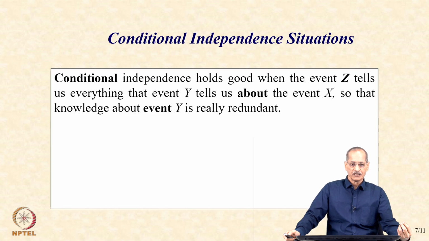So, conditional independence holds good when event z tells us everything about x which y will tell about x, which means whatever y is telling us about x, z is telling all the same thing about x. So, indirectly what we are saying from a physical argument perspective is that event y is really redundant, which means we do not really need y, because whatever y was telling about x has already been told by z.